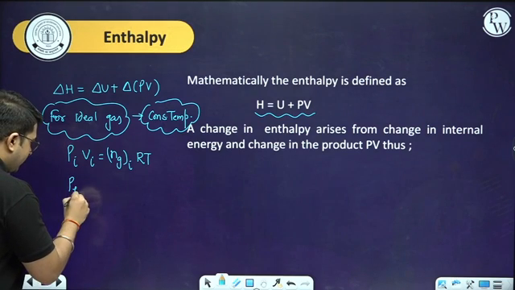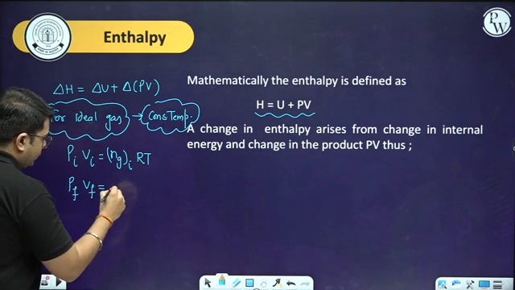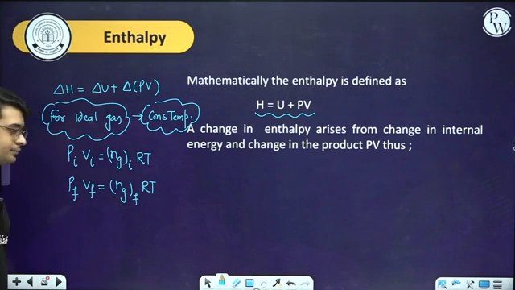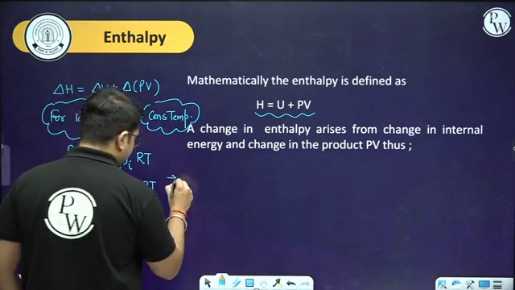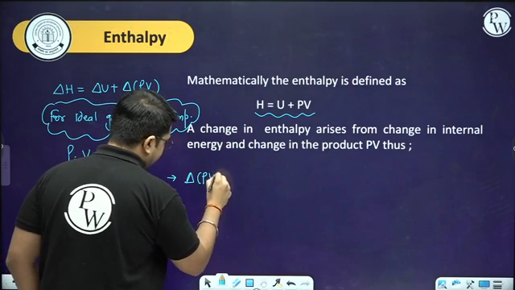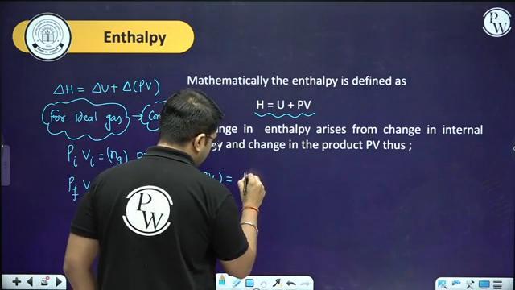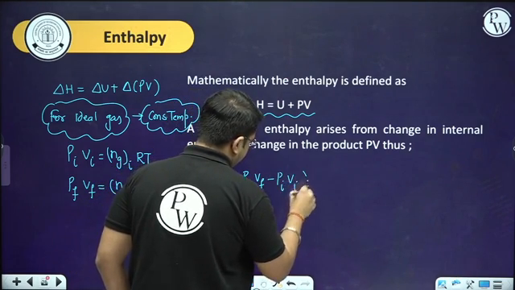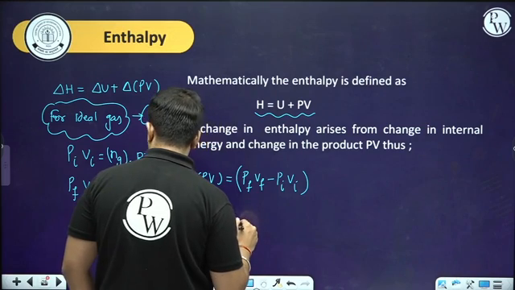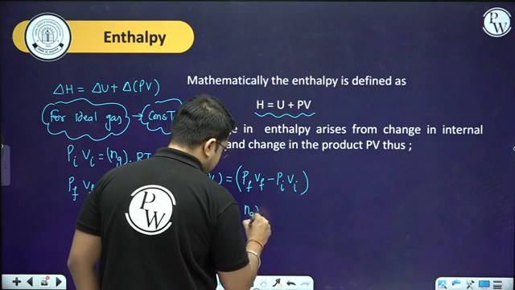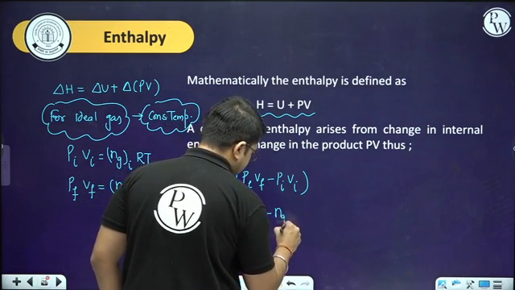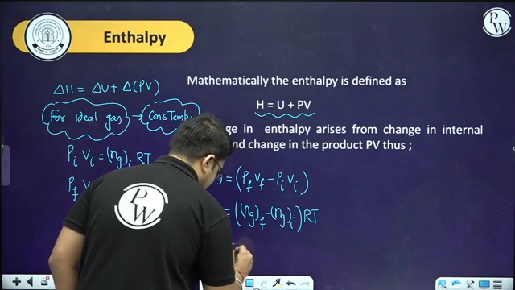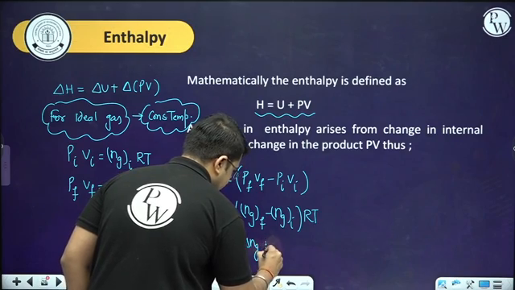We know that P final V final will be equal to n_g final RT. So from this, delta of PV is equal to P final V final minus P initial V initial, which will be equal to (n_g final minus n_g initial) multiplied by RT, or delta n_g RT.